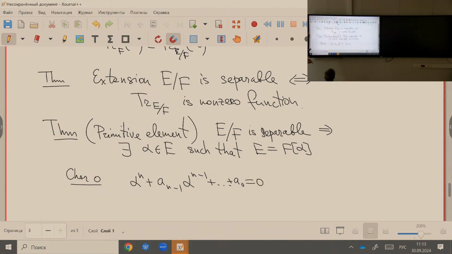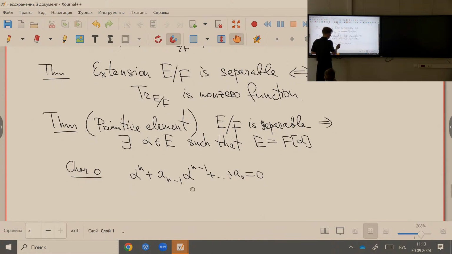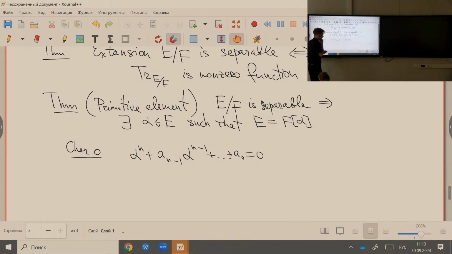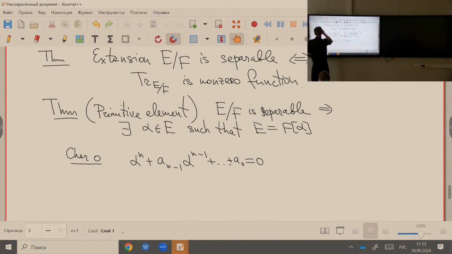And if you are considering such an element, notice that of course the trace is just this element alpha_{n-1}, yeah? So as we have noticed, you can always make a shift.